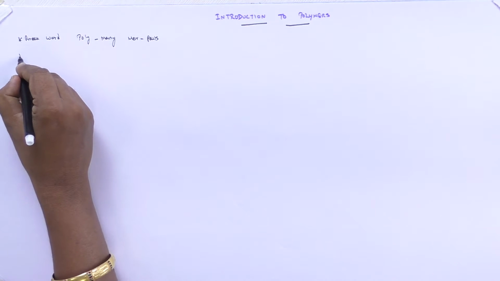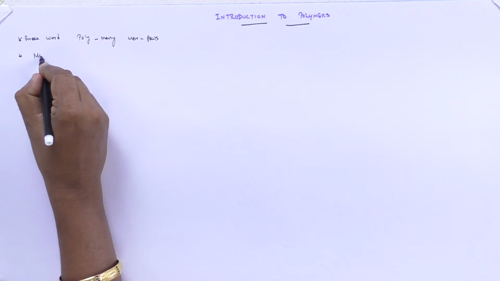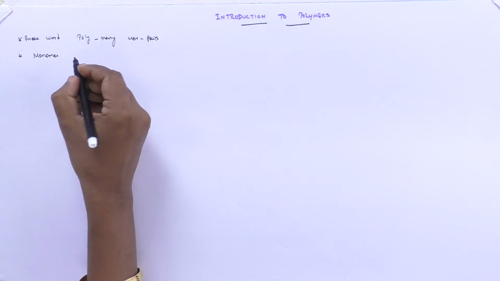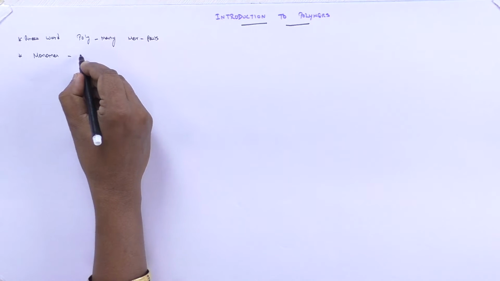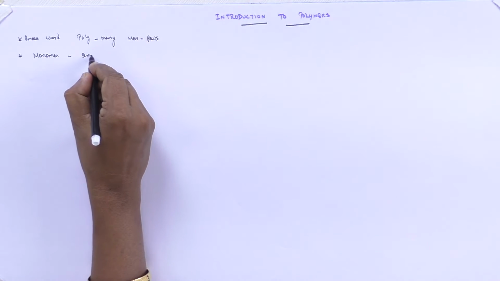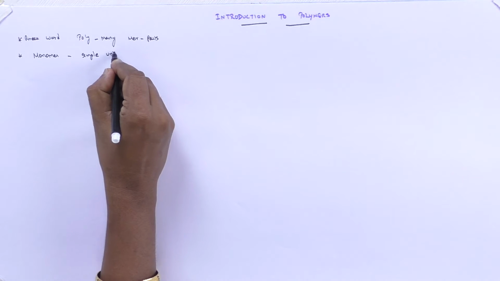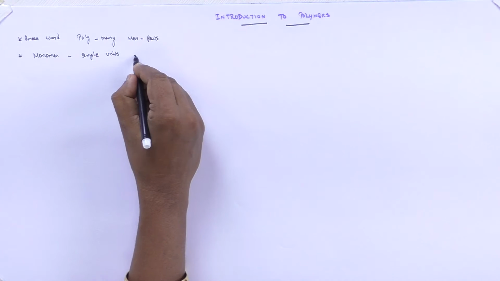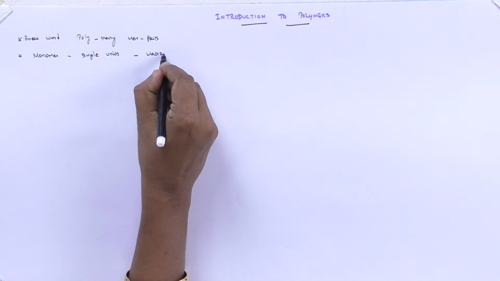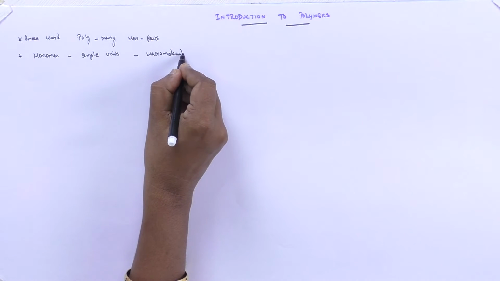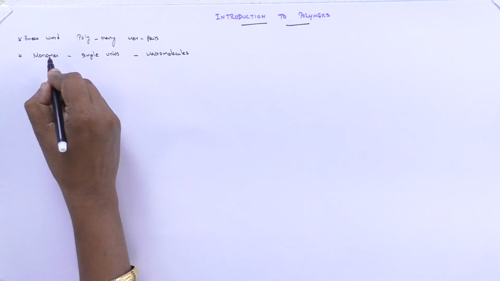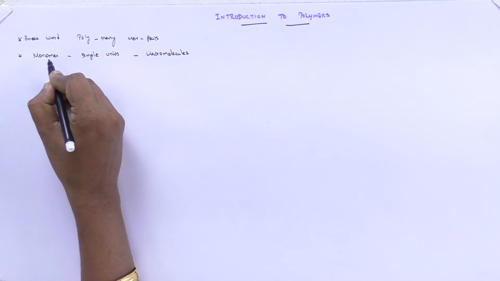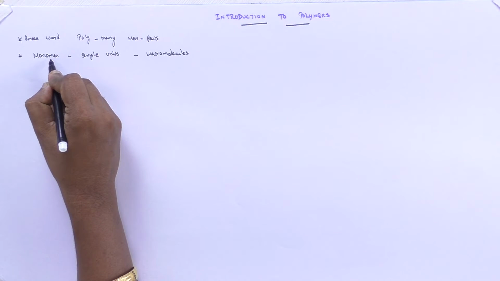These many parts are simpler units termed as monomers, and polymers are macromolecules formed by the combination of these simpler units termed as monomers.